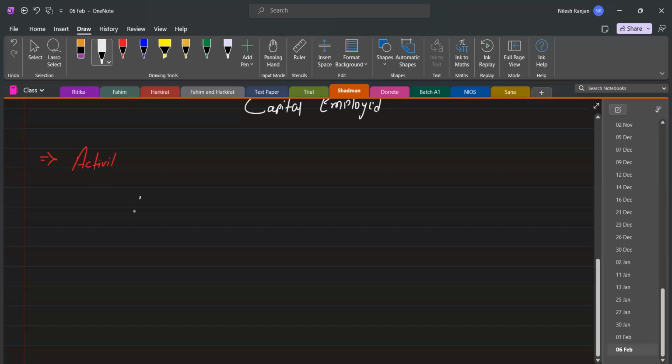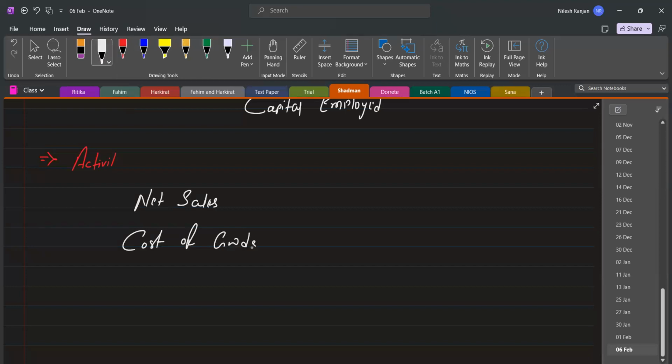Now, in the question, either net sales will be given or cost of goods sold, or cost of revenue from operation. This is also called revenue from operation. And cost of goods sold is called cost of revenue from operation.